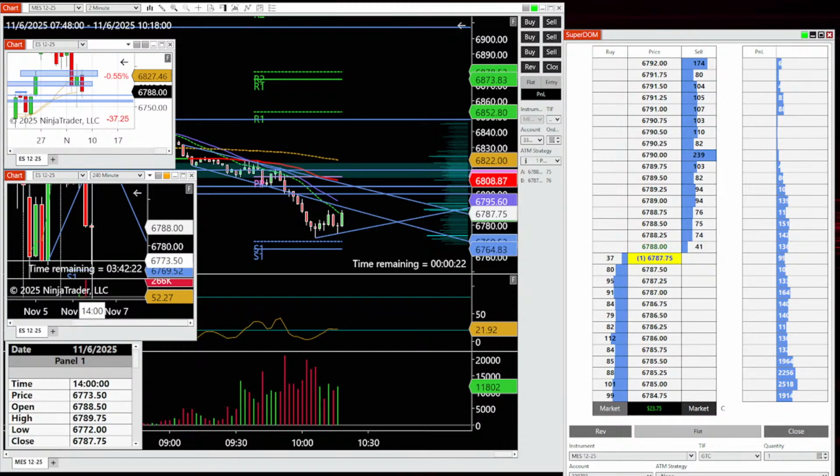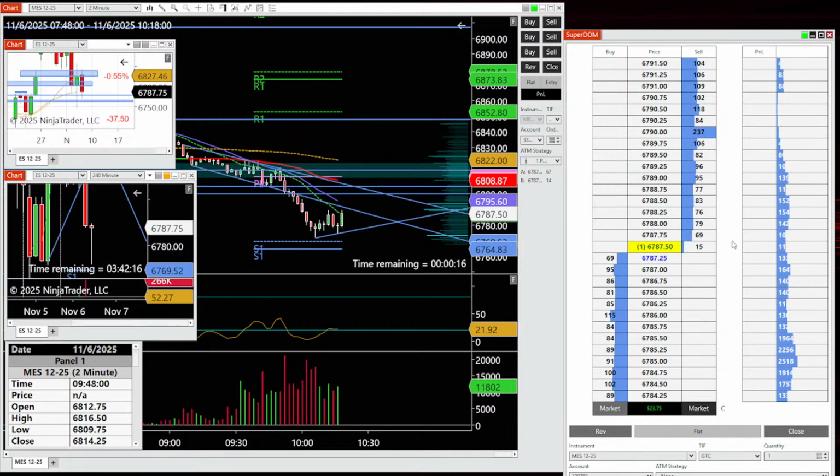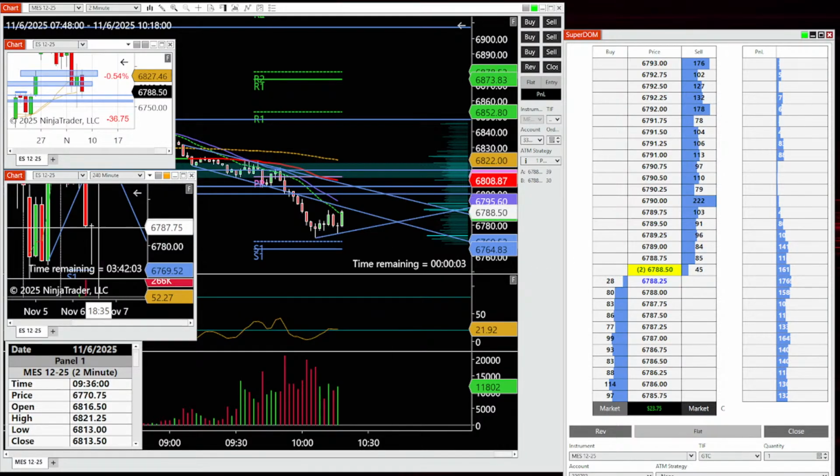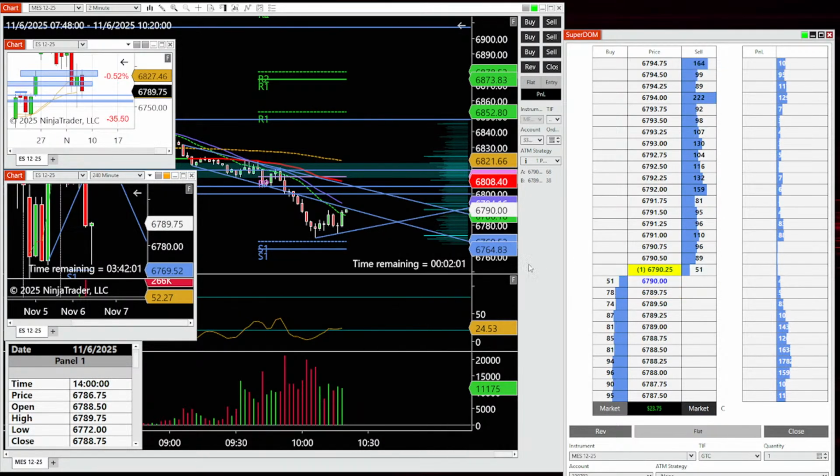88. Hold on. 88. Are we going to break this 88 or are we going to get some shorts getting squeezed? We're going to get squeezed. 88, 90. Do we get a break over 90?